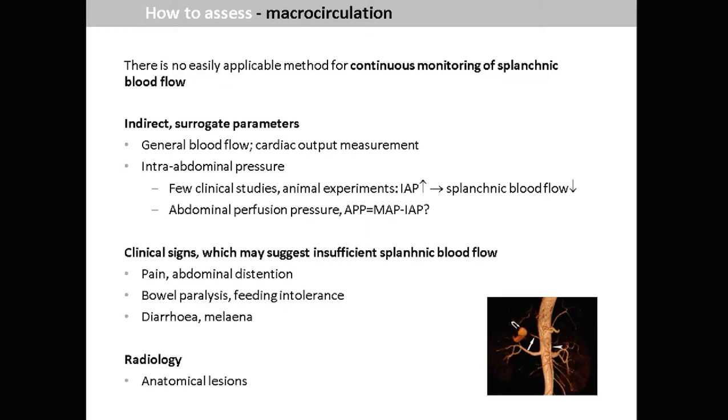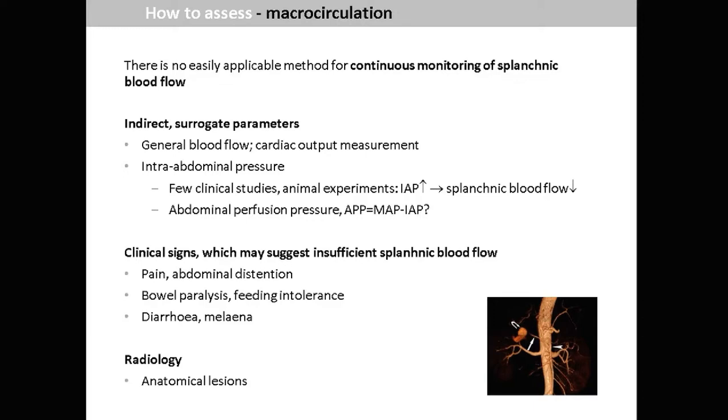So what we are left with are indirect surrogate parameters: general blood flow as such, cardiac output measurement for sure. If 1/5 or 1/4 of that goes to the splanchnic area, the entire cardiac output also indirectly reflects what the splanchnic area receives.